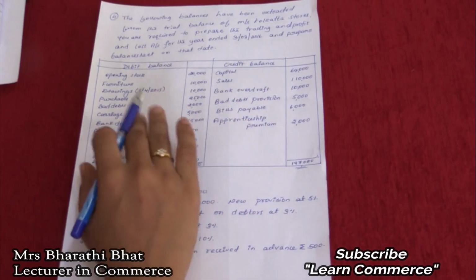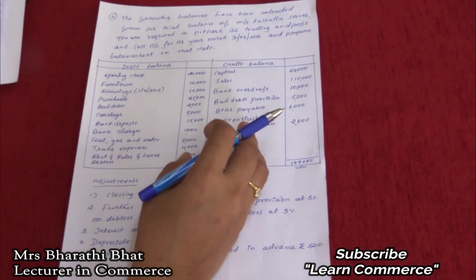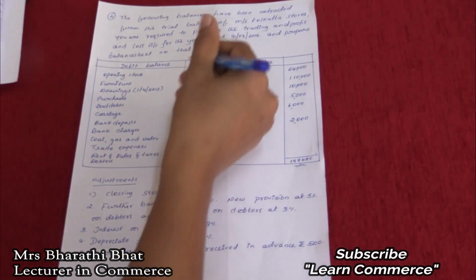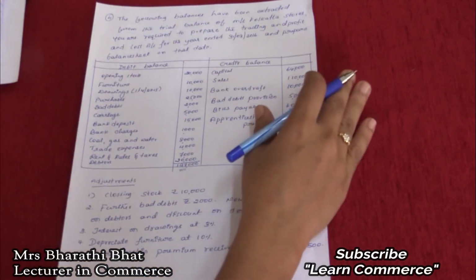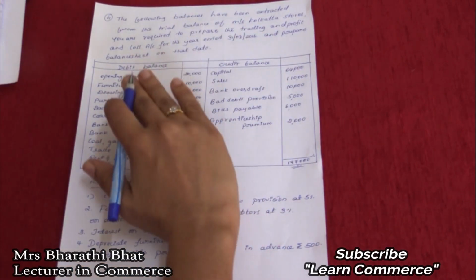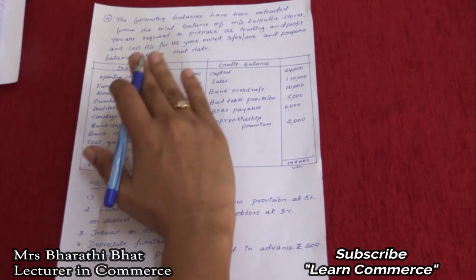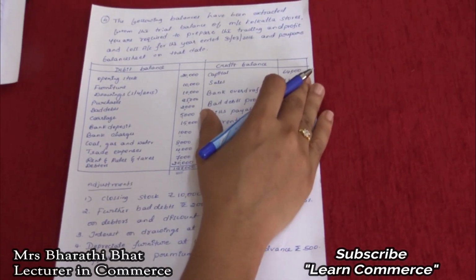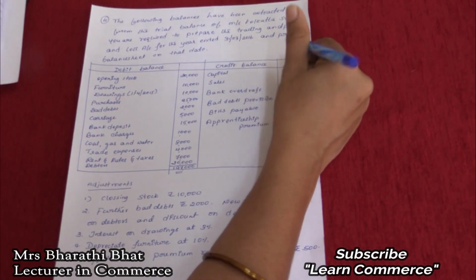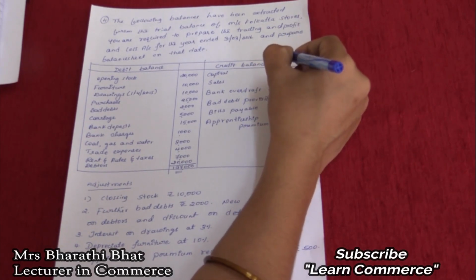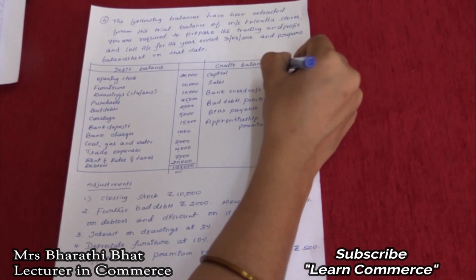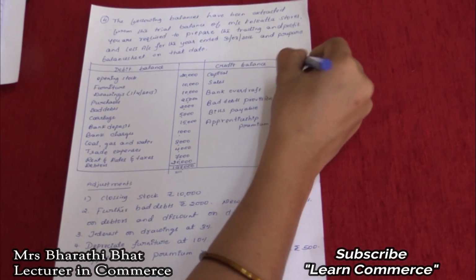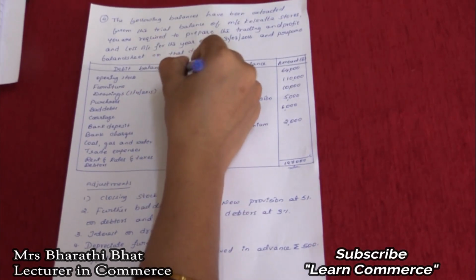Clearly they mention the debit balance and credit balance information, correct? In this side all the debit balances are given, and in this side all the credit balances are given. You know the difference between credit and debit. Here the amount is in rupees.